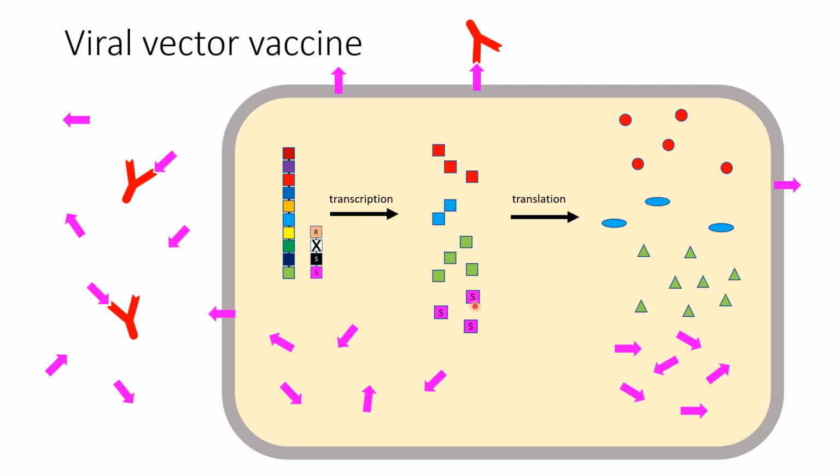And I want to emphasize that in the case of all of these vaccines that involve uptake of a template, be it messenger RNA or an attenuated virus or a vectored vaccine, and synthesis of the protein in the cells, there's only a relatively small number of cells that are actually involved in synthesis of the protein.